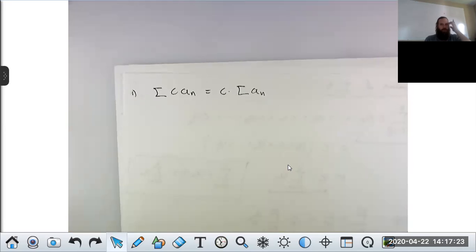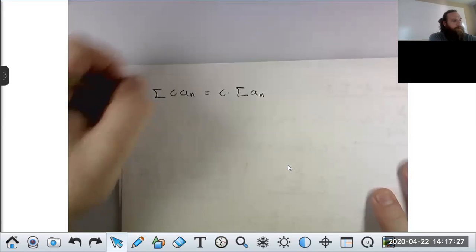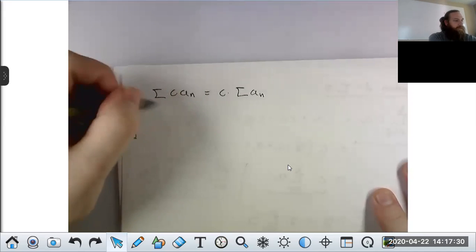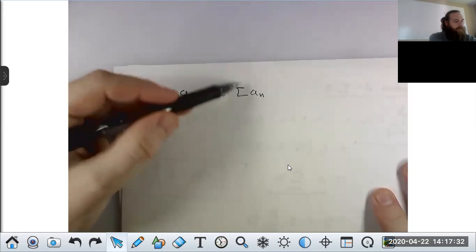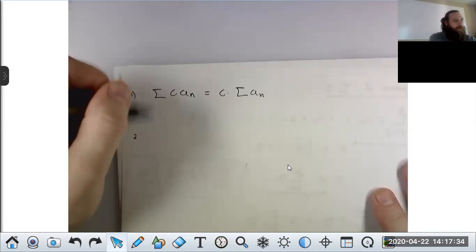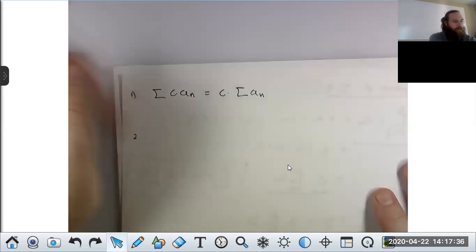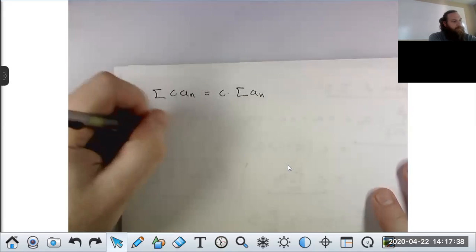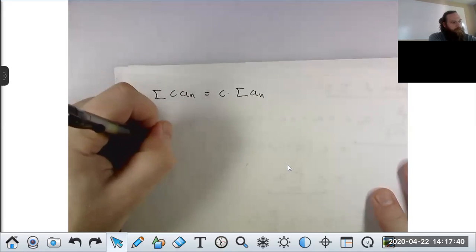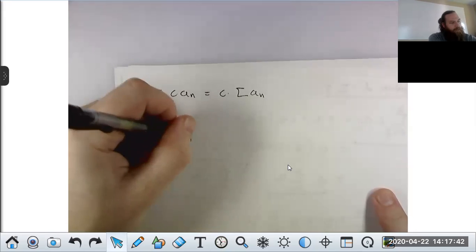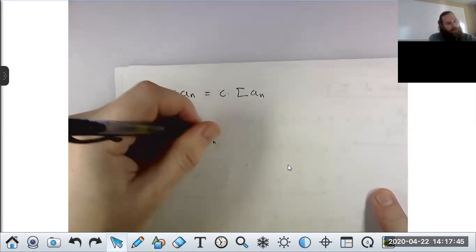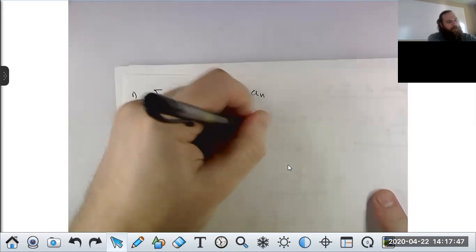No matter where the series starts and stops, this always works. You can put some bounds in here if you want, like from n equals 0 to k, or from n equals 0 to infinity, or from n equals j to k, whatever you want to write. But the important thing is that constants pop out, and you can split them up over addition.